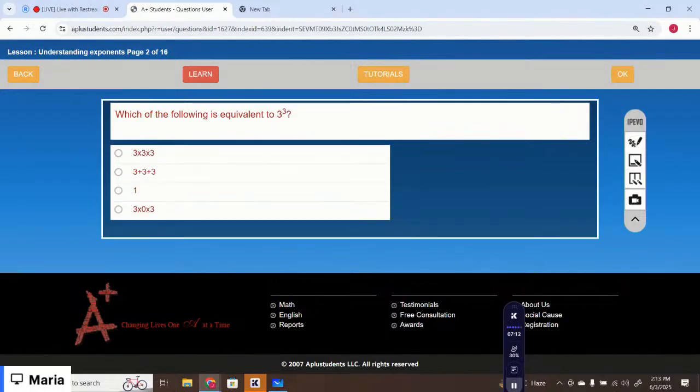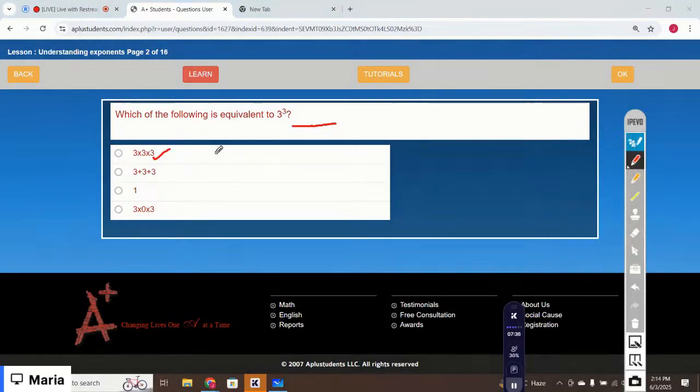Which of the following is equivalent to 3 exponent 3? So which is the correct option? 3 exponent 3 means you need to use 3 as a factor 3 times.